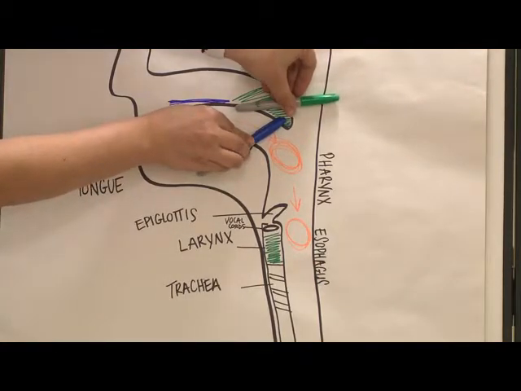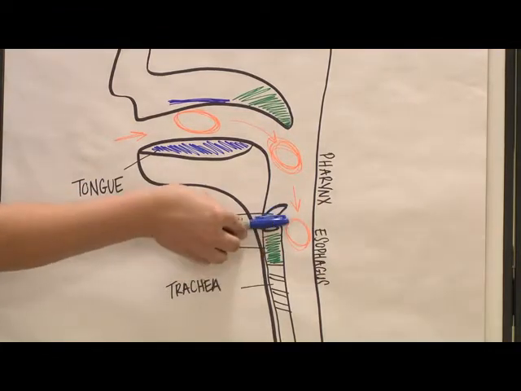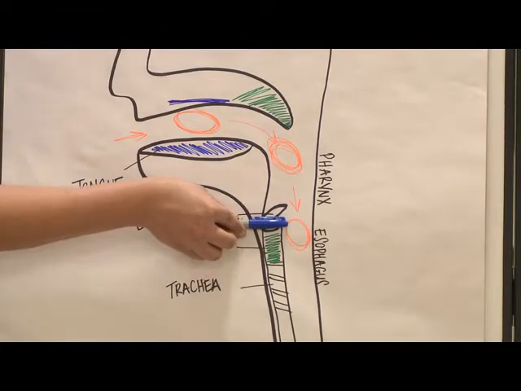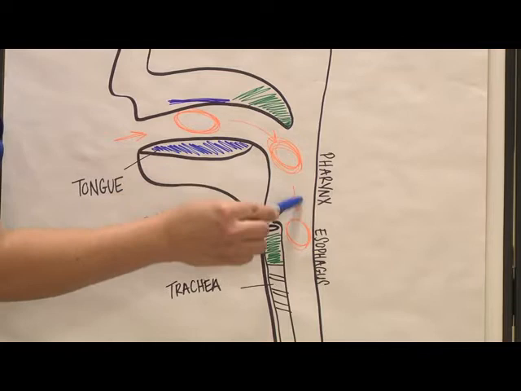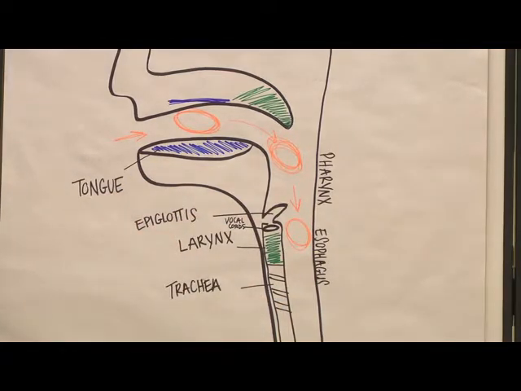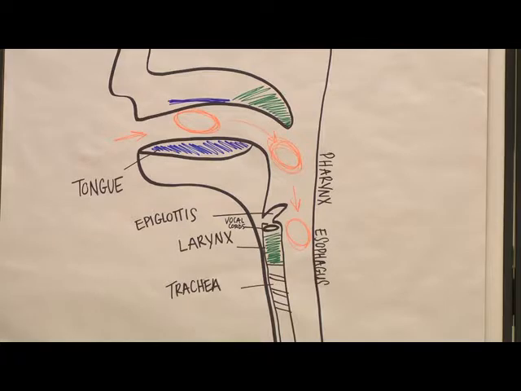At the same time, your larynx moves up, and at the same time, the epiglottis moves down to protect the airway. It covers up the top of the airway. So the only way that's left for the food to go is down into the esophagus. To facilitate this, the walls of the pharynx will constrict to move the food down into the esophagus. Now the top of the esophagus is normally closed off, so what has to happen now is for it to open so the bolus can go down into the esophageal phase of the swallow.